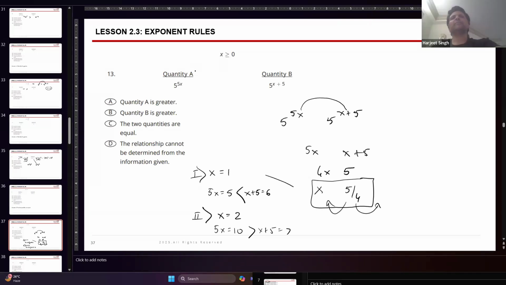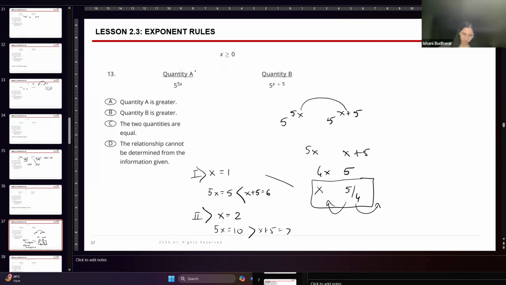Below 5 by 4, B is greater than A, and above 5 by 4, A is greater than B. And the reason is because if you look at 5x, it will increase by 5 times the x. So obviously the rate of change of this will be higher as soon as x starts becoming a larger integer. But if it's a fraction, then it's possible that since you're adding 5 to a fraction, x plus 5 is larger.